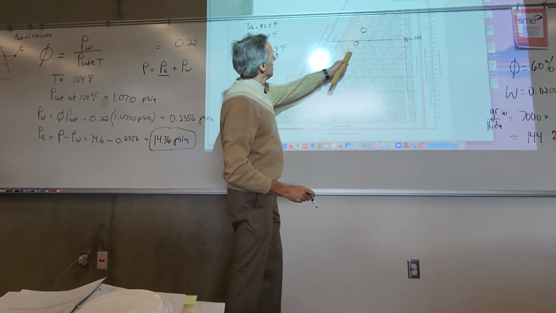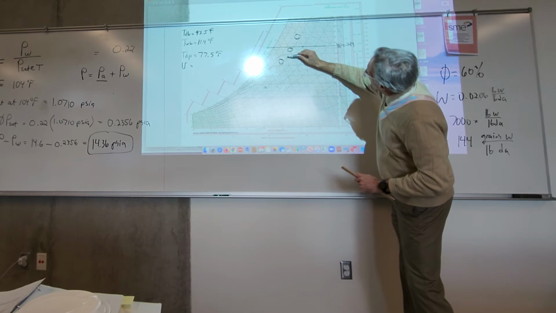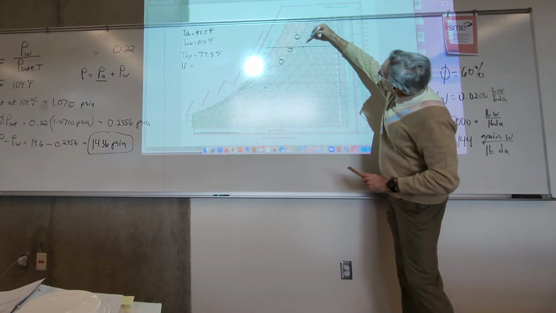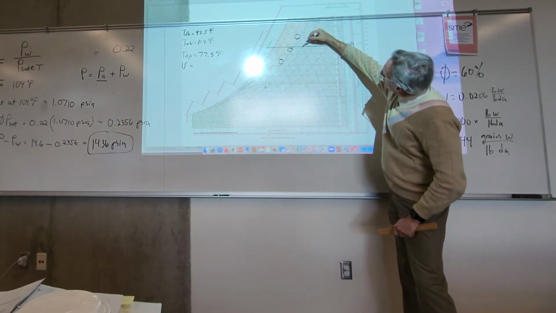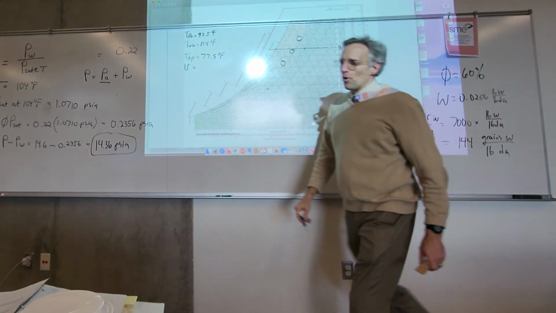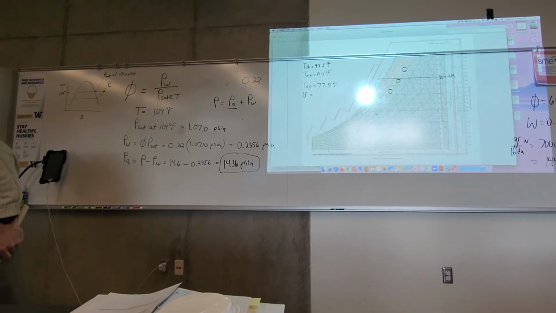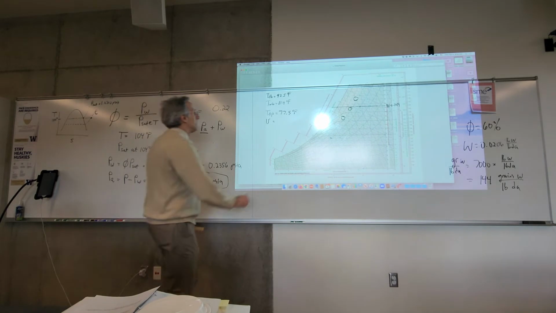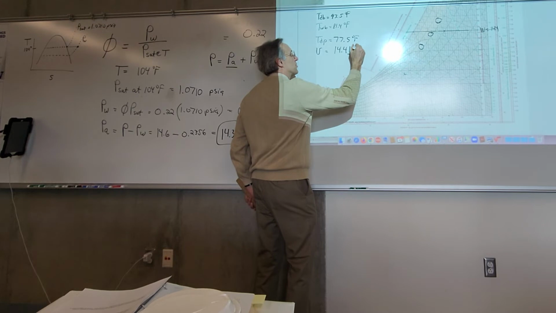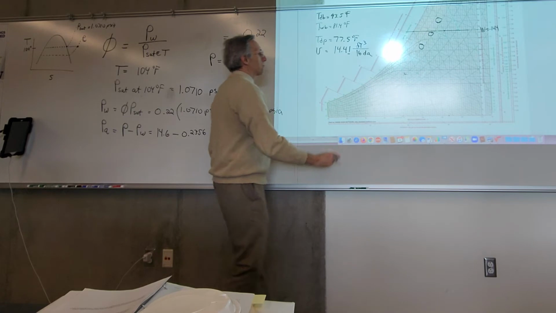So 14.2, 14.3, and this would be 14.4, 14.5, so we're just a little to the right of 14.4, so 14.41, 14.42. And the last digit's always going to be uncertain.